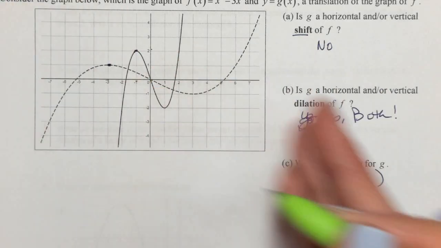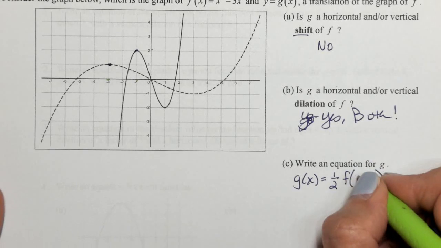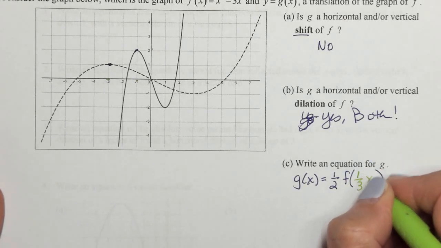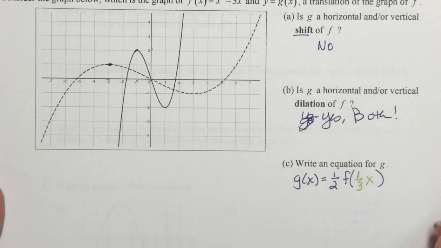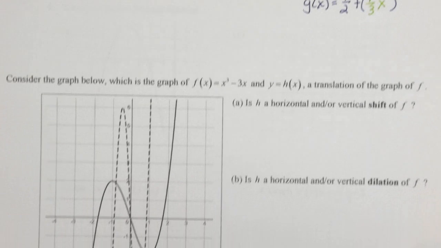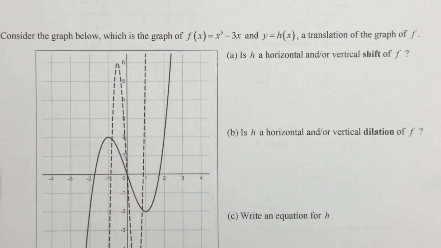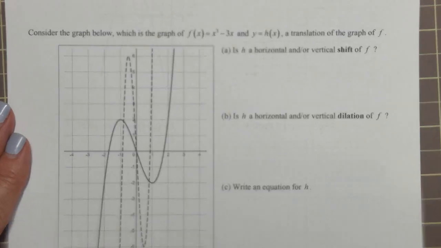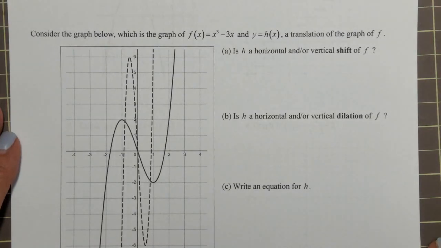So we want 1/3 in front of the x for the horizontal. Okay? In class, when I taught this, I let you in your group do this one. So you might want to pause and try this on your own and then come back.